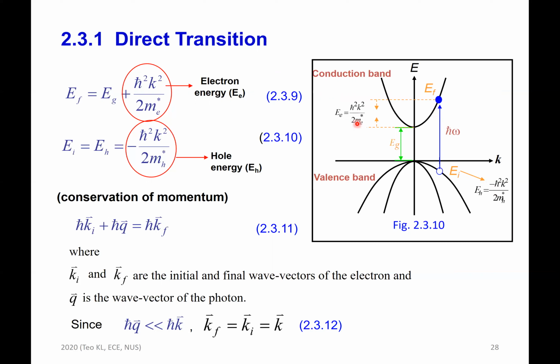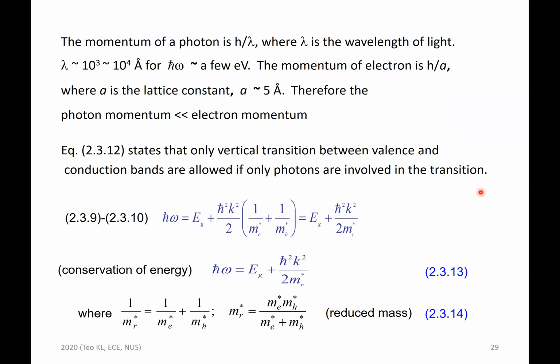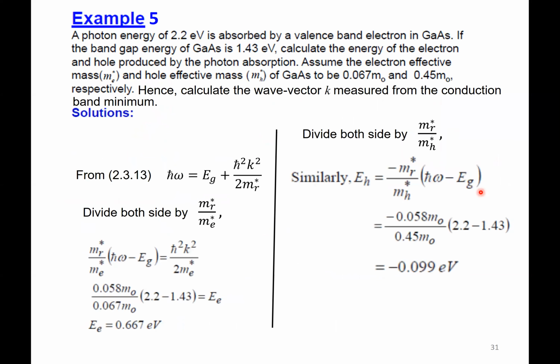Now, the electron effective mass and hole effective mass are given to you. So in principle, if you know the K value, you should be able to calculate the electron energy and the hole energy. In this question, the wave vector K is not given to you. So, how to approach this problem?